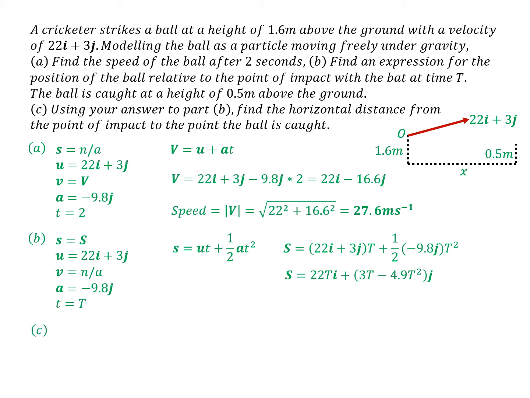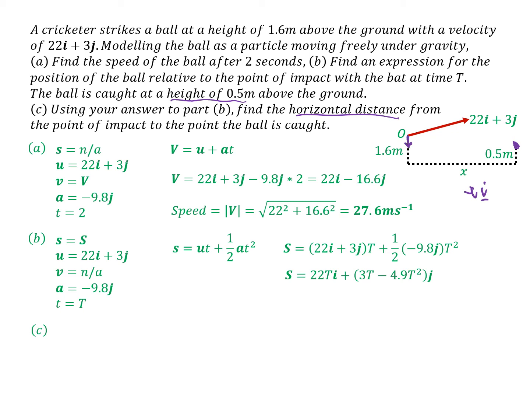So for part C, we're trying to find the horizontal distance, and we're told that the ball is caught at a height of 0.5. So the ball is caught here. So the position vector of the ball, when it's caught, it will have an i component of x, I'm calling it, but the j component is going to be a negative component.